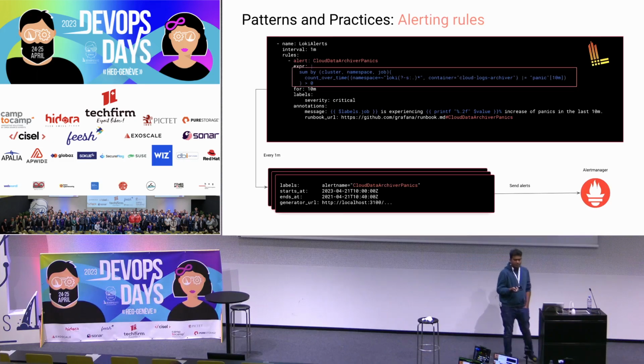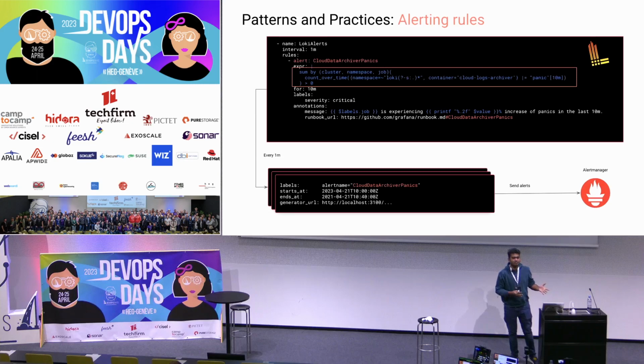So what's happening here is, this is a valid LogQL. Basically, if there is a panic happening in this particular application called Cloud Logs Archiver, we take the last 10 minutes of data and see how many panics have been happening. If more than one panic is happening, and that has been happening consistently for 10 minutes, page someone.